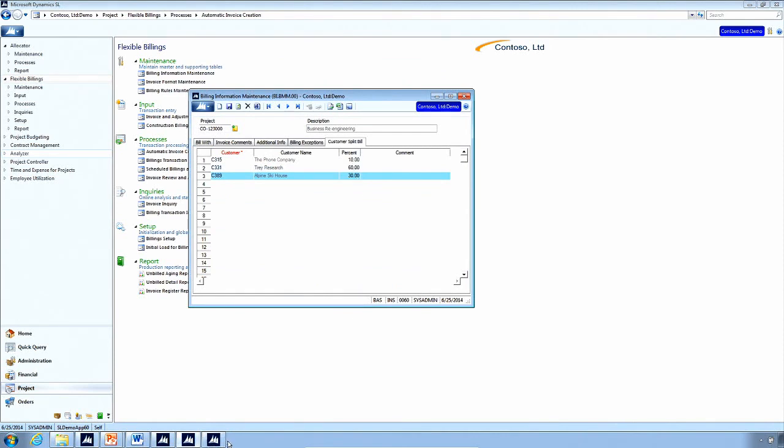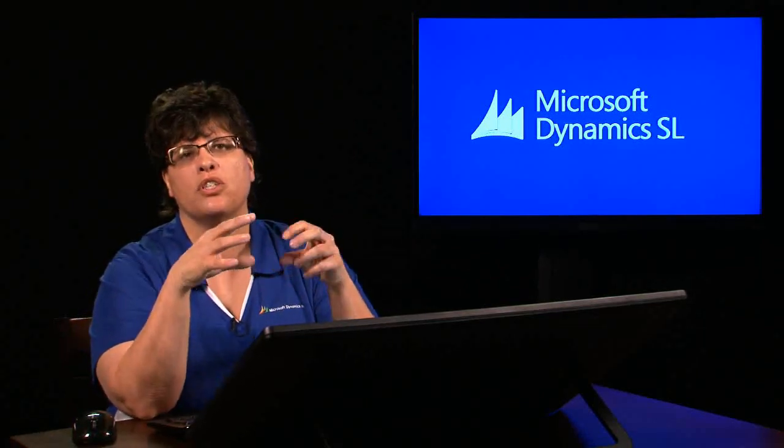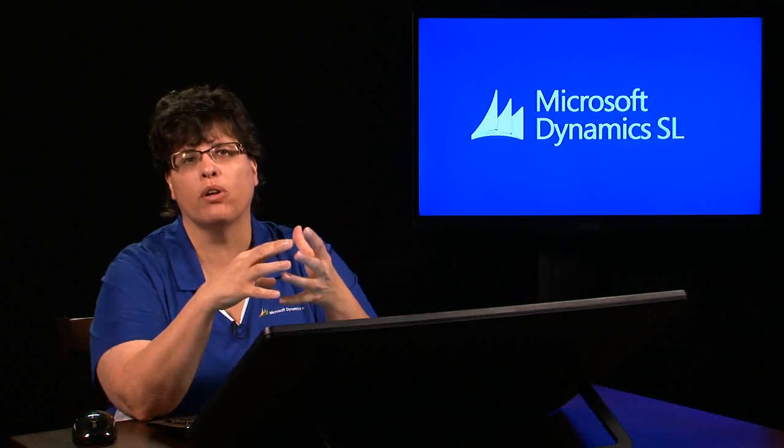So when auto allocator runs, all the transactions have already been brought over to Flexible Billings through the billing transaction load. So we have our entire list of invoicing items. Now we want to separate those onto different drafts. And so we established before that auto invoice creation will create the draft for us.